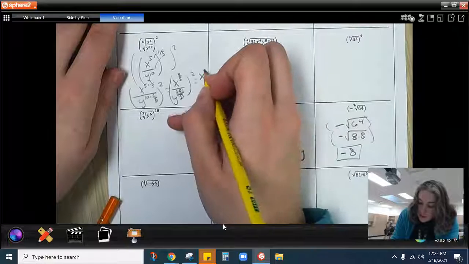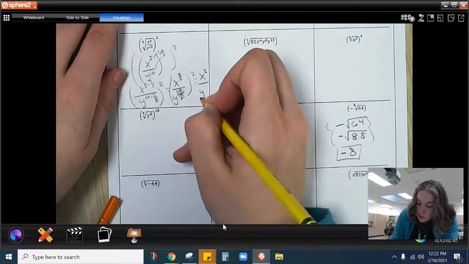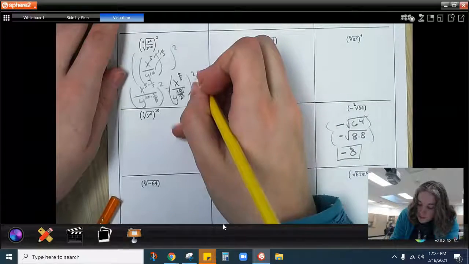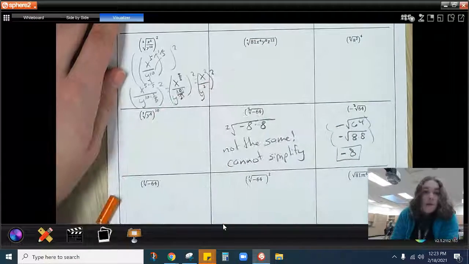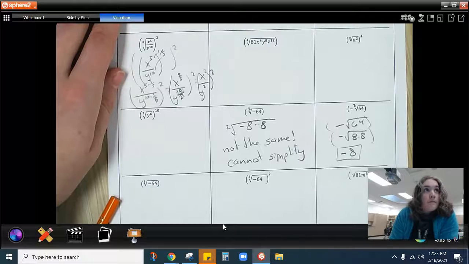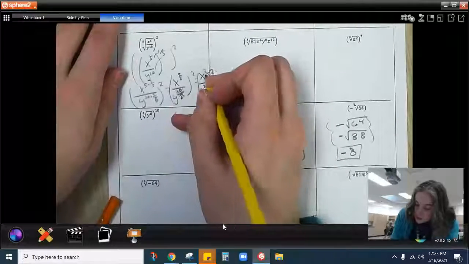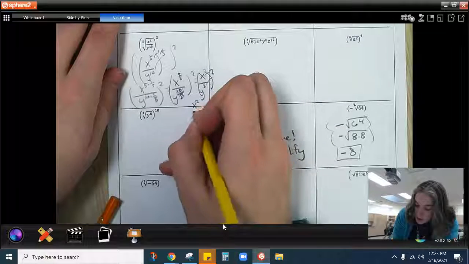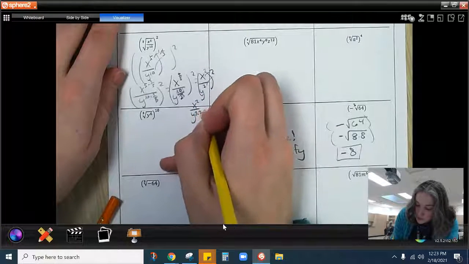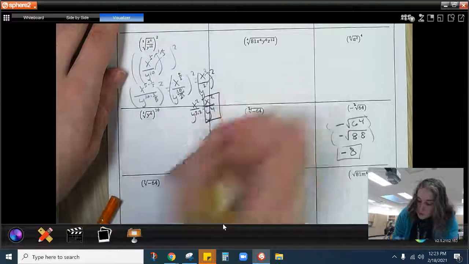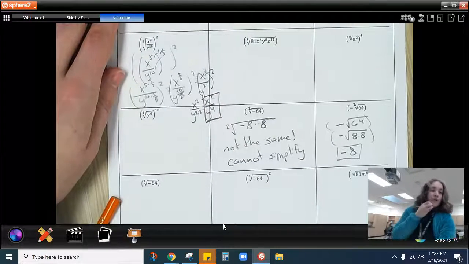So this is really x over y squared being raised to the 2 power. So we distribute that 2, and we get x squared over y to the 2 times 2, so that's x squared over y to the 4th. Not the prettiest, sorry.